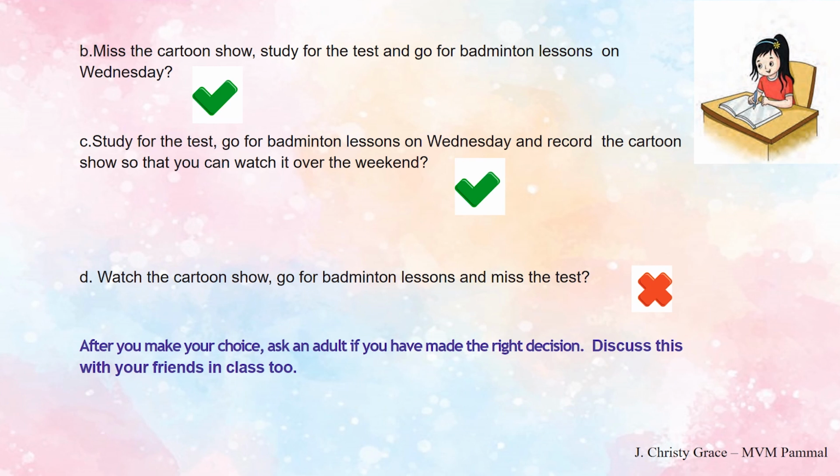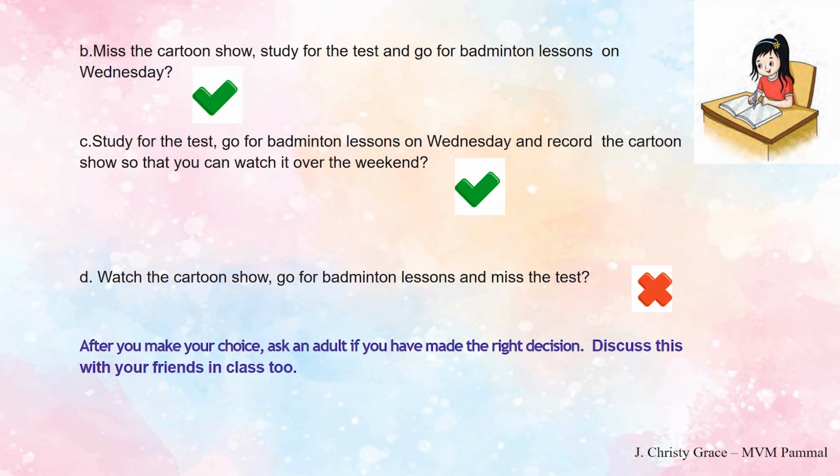Next, you just see the third situation. Study for the test, go for badminton lesson on Wednesday and record the cartoon show so you can watch it over the weekend. So instead of missing the cartoon show, you are doing the wise thing.